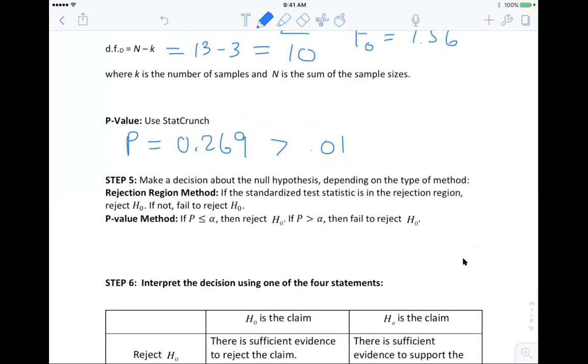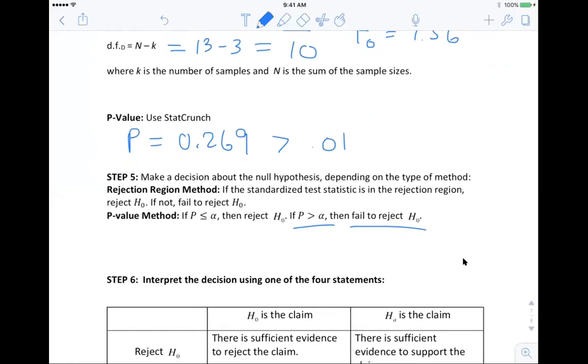P-value is larger than alpha. Or with the F distribution, I would draw it. It's either or, either do the p-value or the critical value. The critical value is 7.56, but my F was only 1.50, so it's nowhere in that shaded region. So that's also fail to reject. Either way, we get fail to reject.